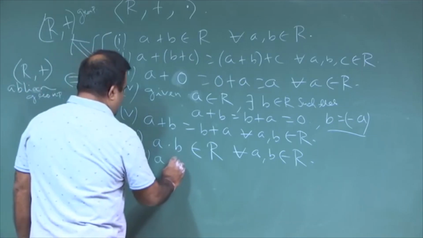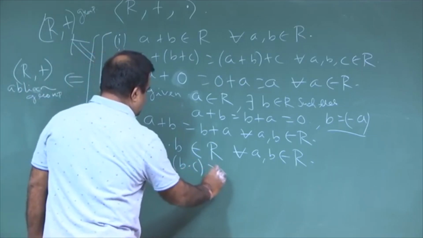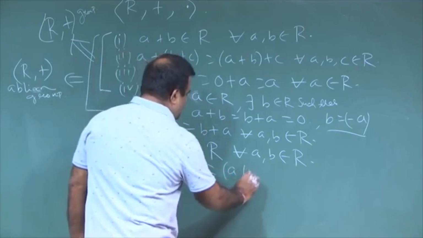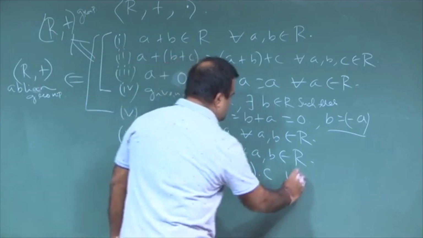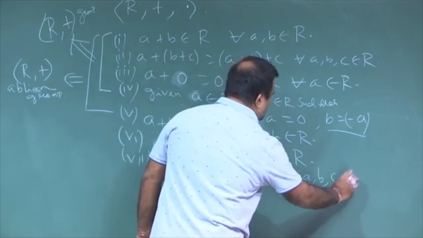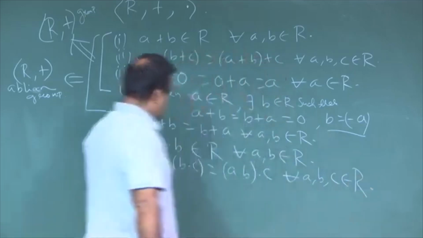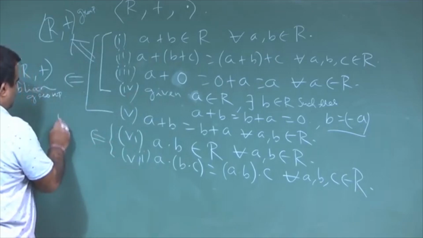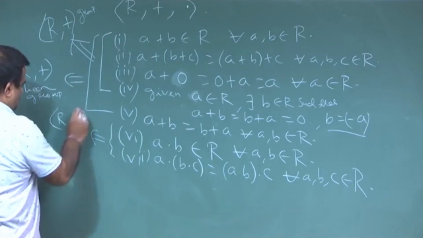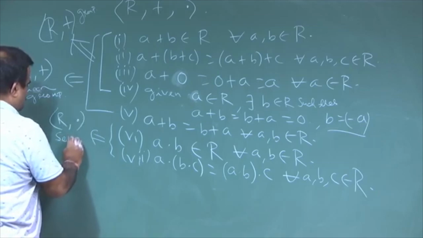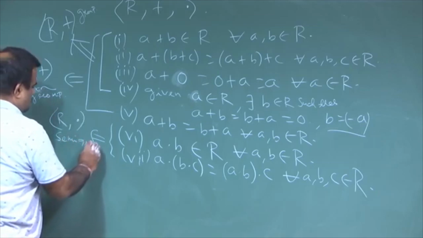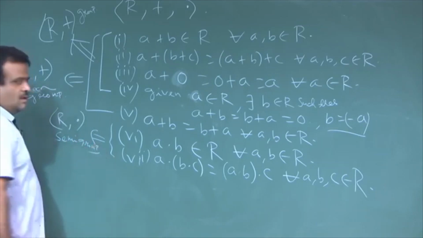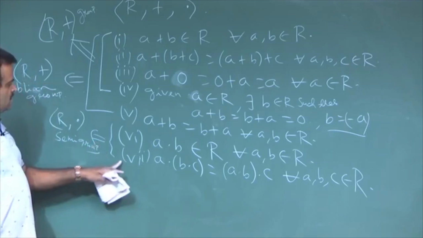That means A dot B dot C is equal to A dot B dot C, and this must be true for all A, B, C. So, these two properties will give us a semigroup.